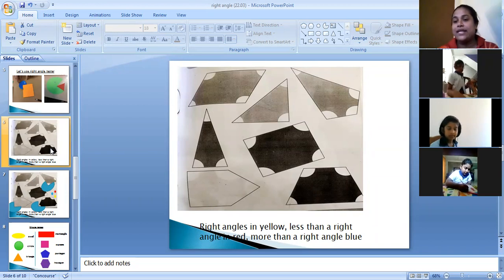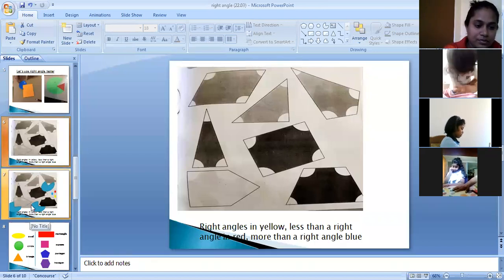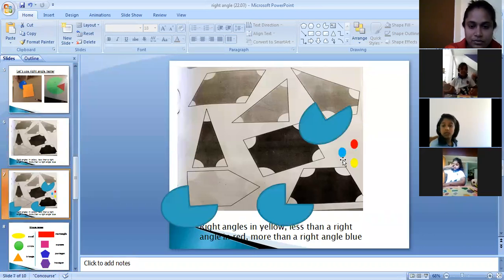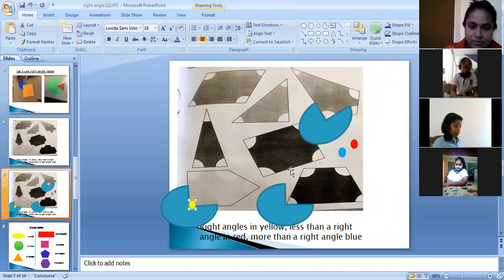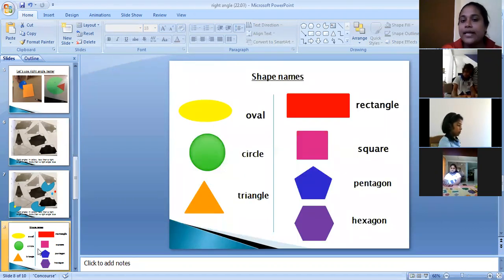Okay, now let's do an activity. Turn to page number 23. Teacher, page number 23. Yes. Shapes are there, right? Now first look at my screen and name these shapes.